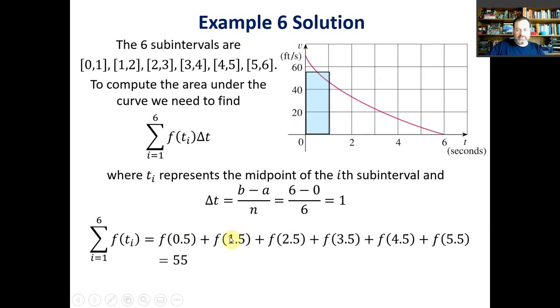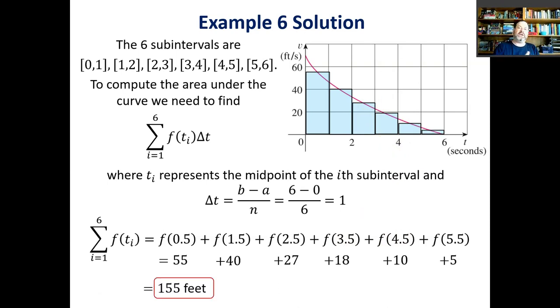What about the function at 1.5? Looks like it's about 40. And go up there, it looks like it's about 27. And 3.5, what is that? About 18. It's hard to tell. 4.5, looks like it's about 10. And the last one looks like it's about 5. Add it all up, you get 155 feet.